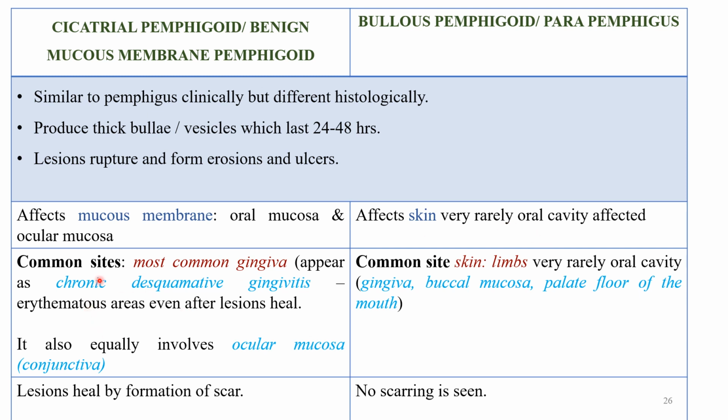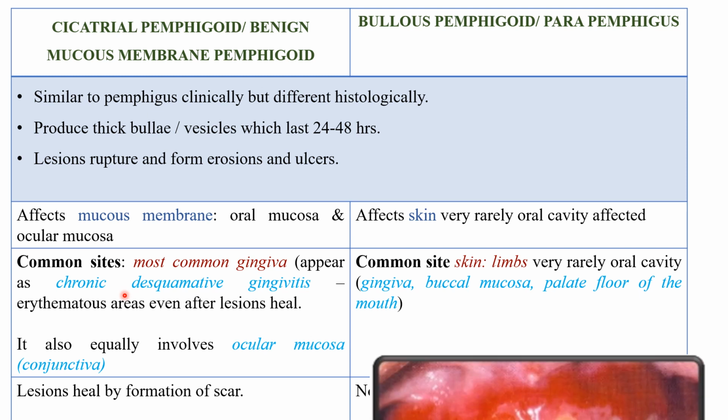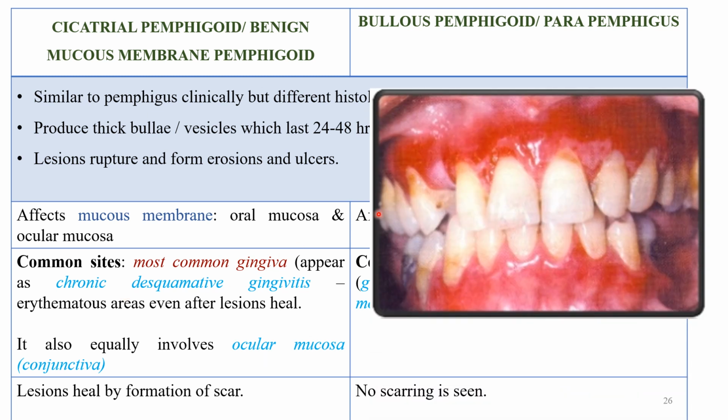The common site of involvement in the oral cavity is the gingiva. It has a very peculiar presentation, that is, we can see the presence of erythematous areas along the gingiva, giving an appearance of chronic desquamative gingivitis. These erythematous areas will remain for several days and weeks even after the lesions actually heal.